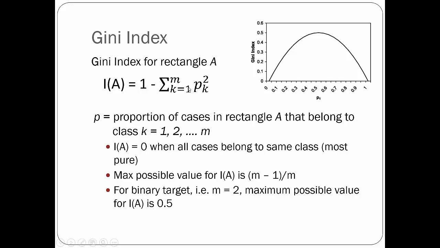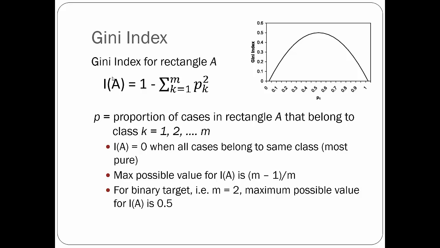On the other side, all of them are 1s, so you'll have a proportion of 1. So you get 0 squared plus 1 squared, which is equal to 1. So you get 1 minus 1 equal to 0. So when you have a completely pure split, no impurity at all, then I sub A will be equal to 0.